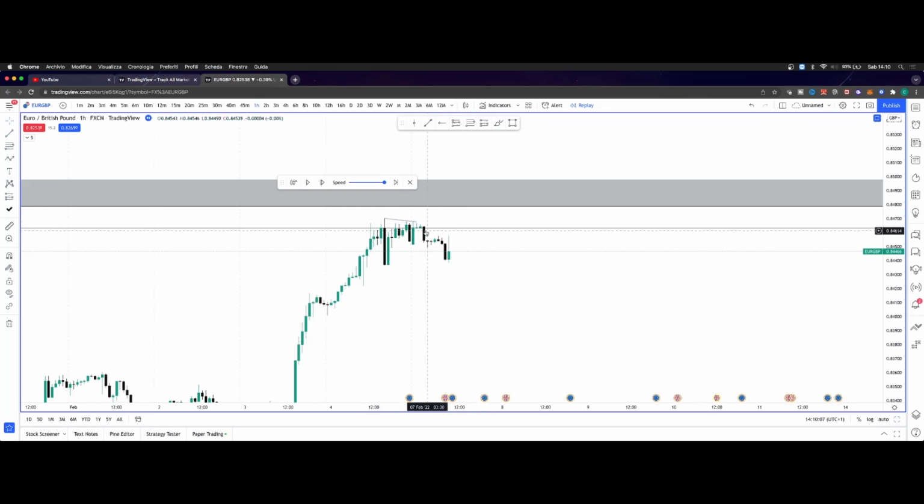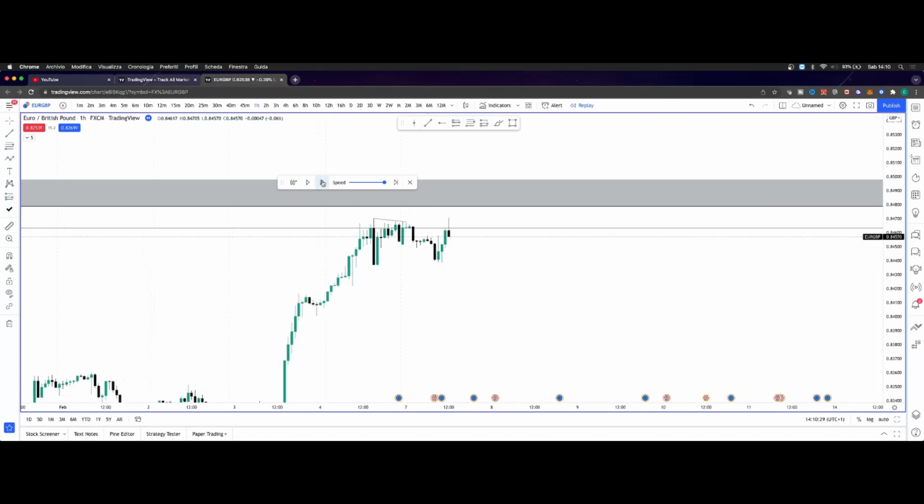So probably if the price showed me before this breakout structure, this inducement to the downside, a liquidity sweep, maybe I could take in consideration these areas, but now for me it's too risky because I have a lot of liquidity above myself.